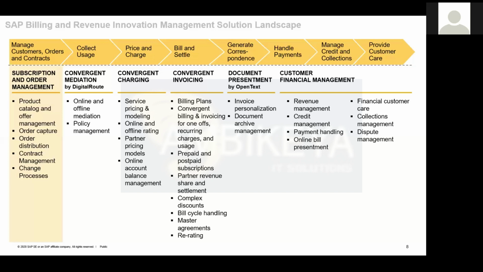We have prepaid and postpaid subscriptions and partner revenues. What is also important for B2B is to have complex discounts in place, billing cycle handling, and master agreements. And what is important in the whole architecture is, for example, the re-rating process.